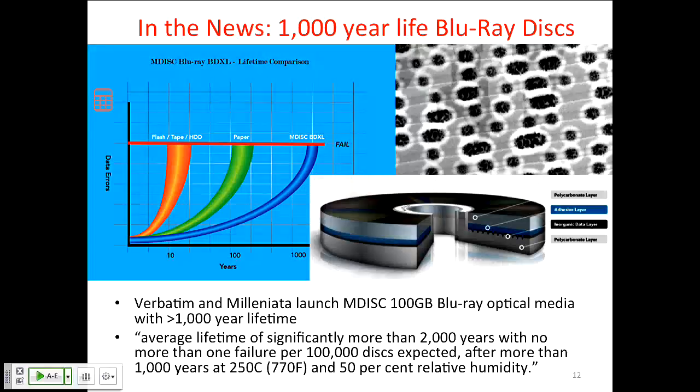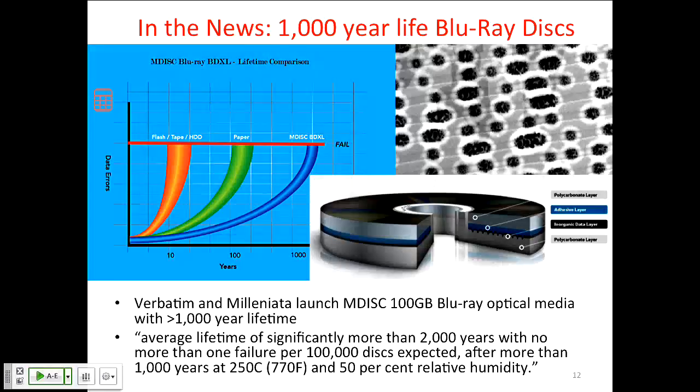The way this actually works is regular Blu-ray discs have a dye on the front that the laser changes the composition of. The problem is if you have UV light or other stuff, it can change back, and so you'll lose the data. These discs actually use a laser to burn the material, so they create pits on the surface. It's actually a mechanical thing.